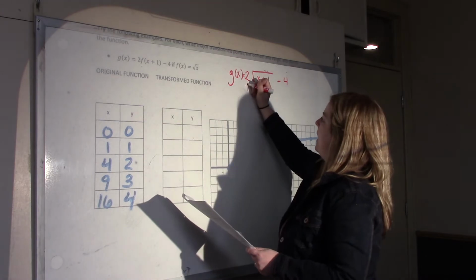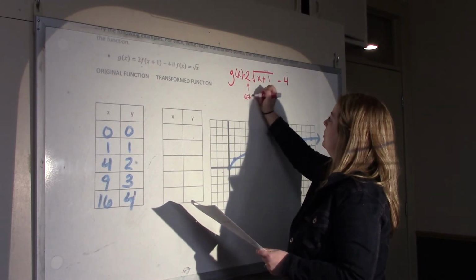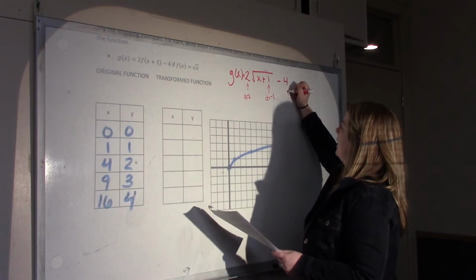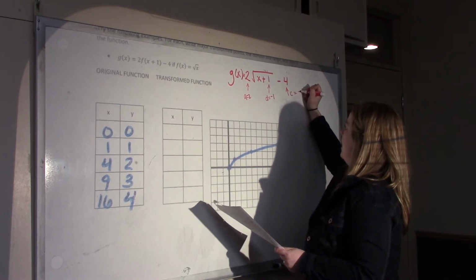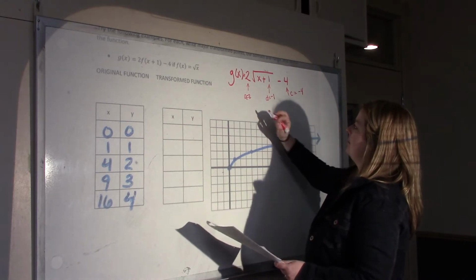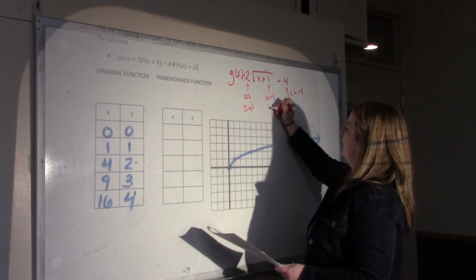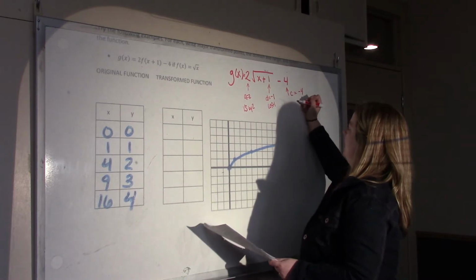So that means our a value is 2, our d value is minus 1, and our c value is minus 4. So this means a vertical stretch by 2, a left 1, and down 4.